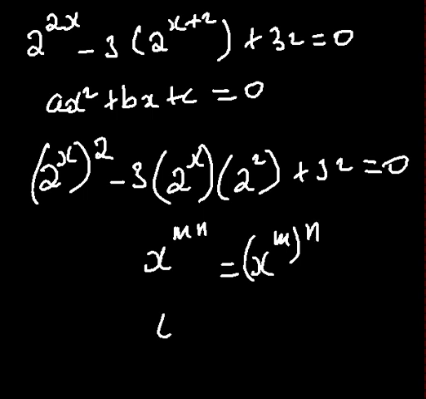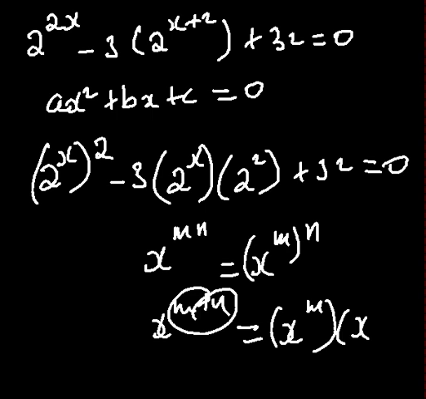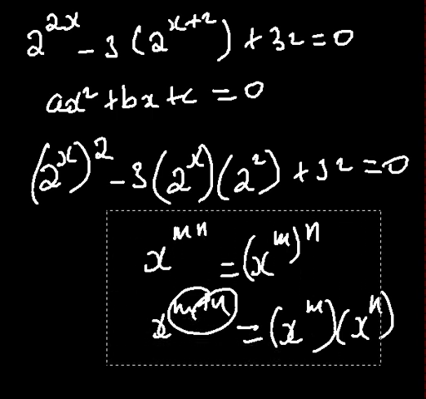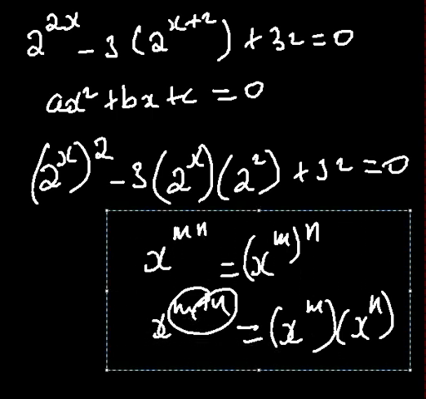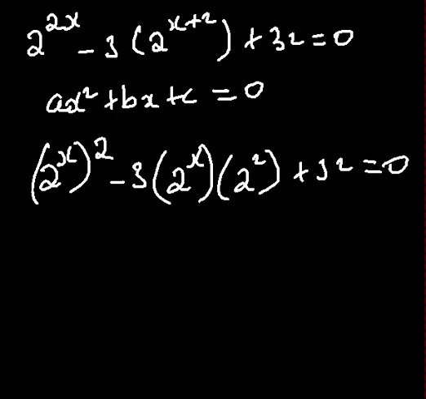While if we have, let's say, x to the power m plus n, the powers are adding, which means it is x to the power m times x to the power n. That is also according to the laws of indices. So make sure that you are well oriented with these laws of indices to avoid confusion.